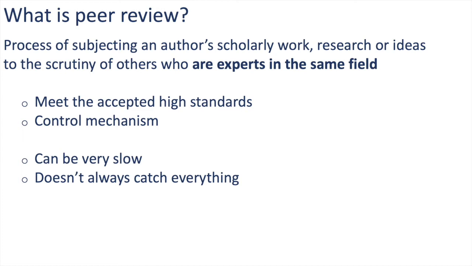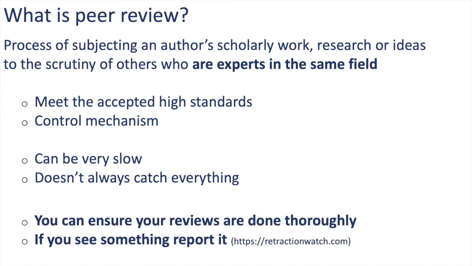However, it can be quite slow, and as you might have come across already, it doesn't always catch everything. And there's always a continuous discussion on how to improve the peer review process. However, what you can do is to make sure that your reviews are done thoroughly. And if you do see something, please report it.